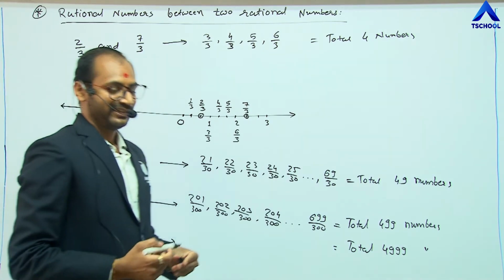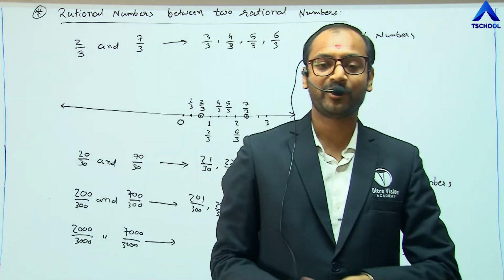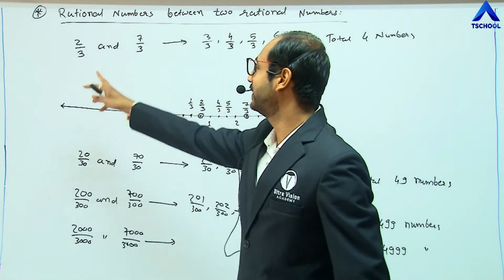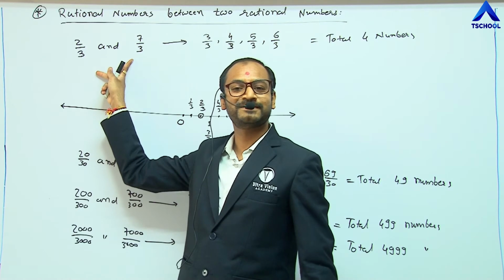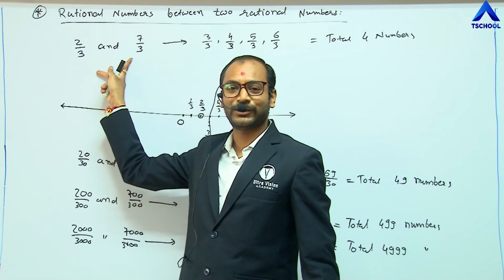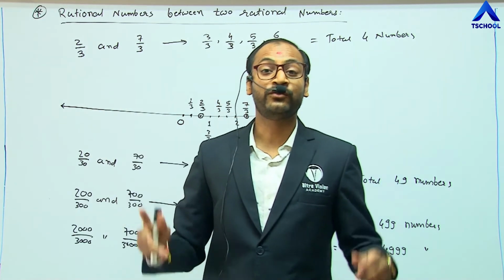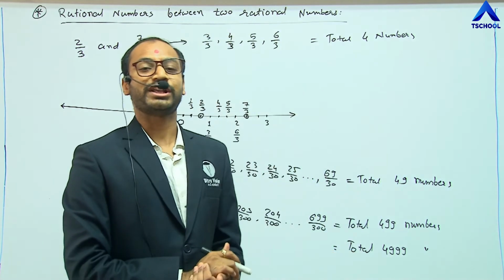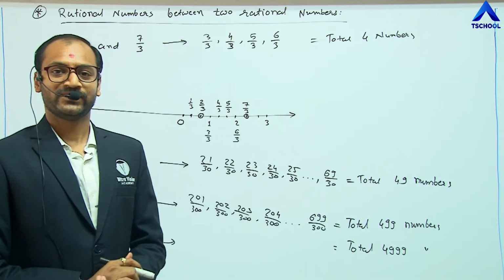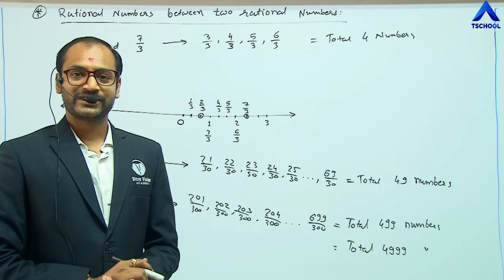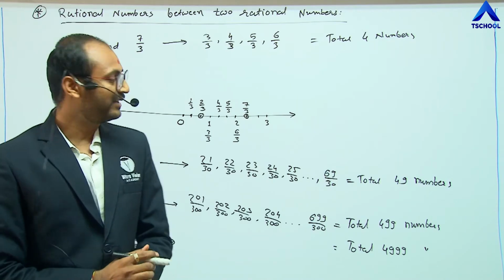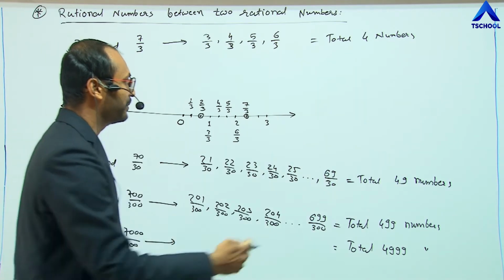So now can you say how many numbers are in between the given two numbers? No. There are infinite numbers between two rational numbers. Clear? So we cannot count the total rational numbers.